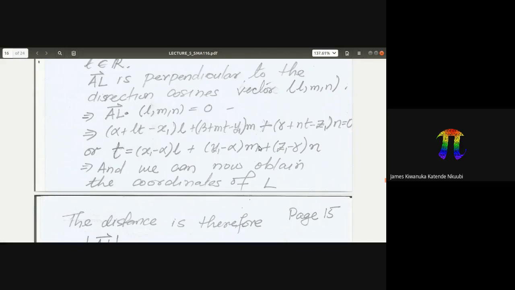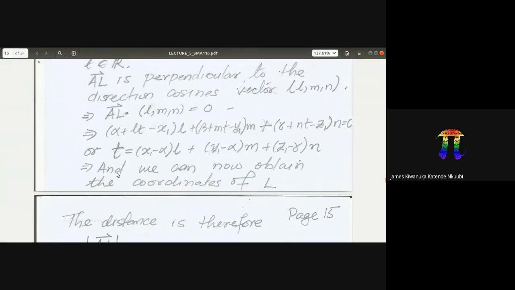So once we have it in this form, we can find the coordinates of L once you obtain T. If you simplify this whole setup, you will have to take your time and do some work here. Try to make T the subject of this expression. You should find that T is equal to this, right?